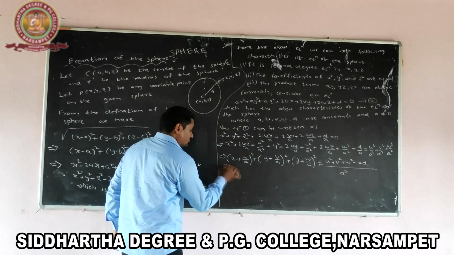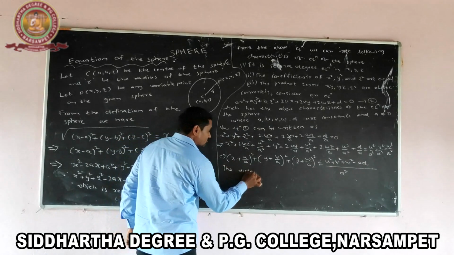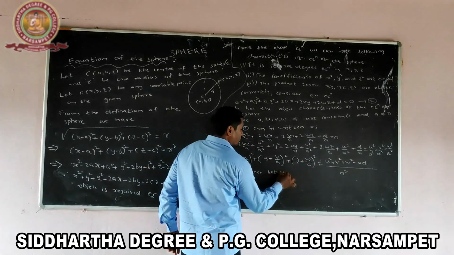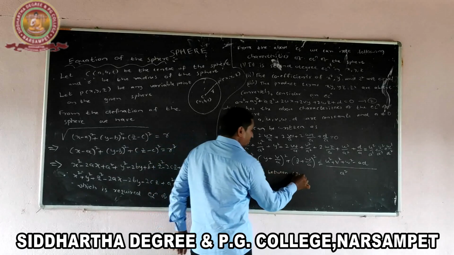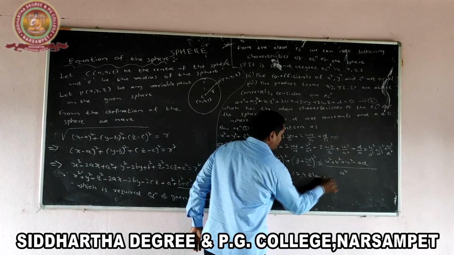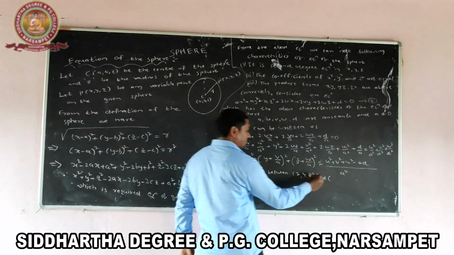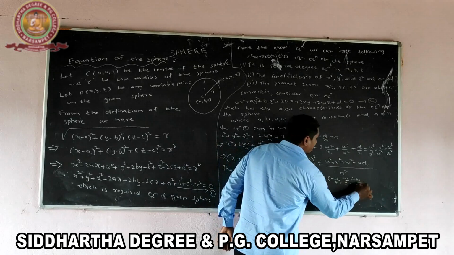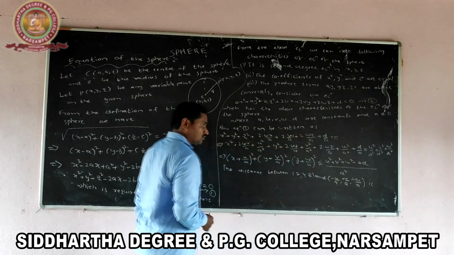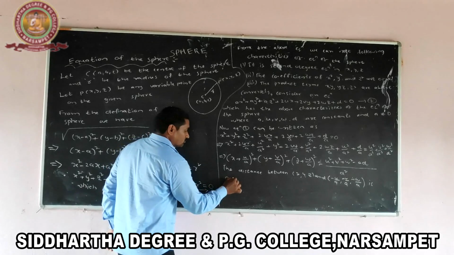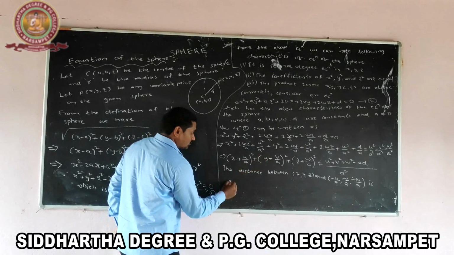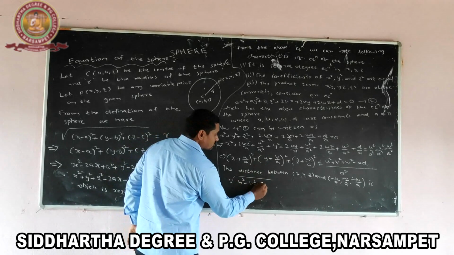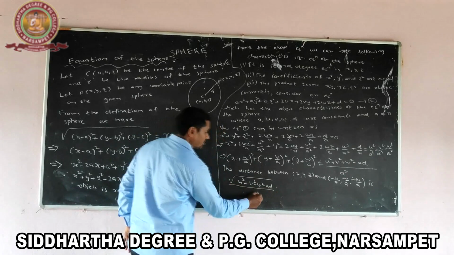the distance between x, y, z and minus u by a, minus v by a, minus w by a is equal to the square root of u square plus v square plus w square minus ad by a.